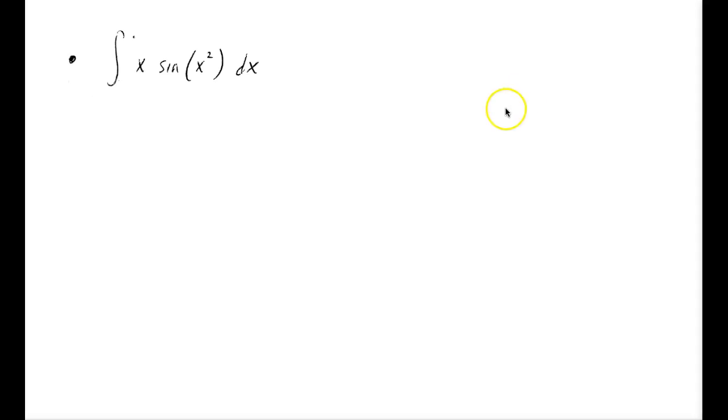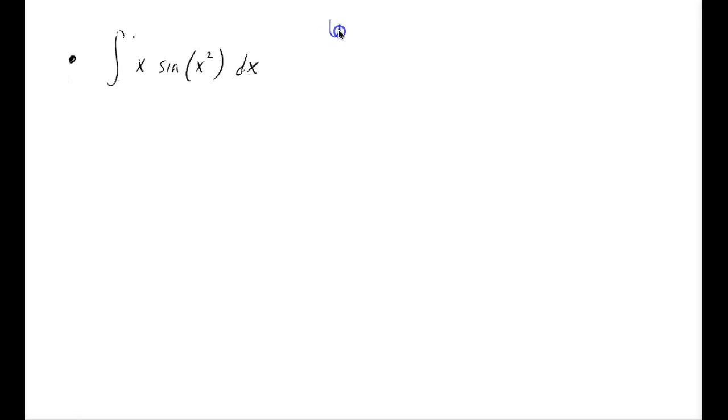So for our next example here, we see that we're trying to look for something so that if we take the derivative of it, we will find the rest of what we can replace in the integrand so that we can make taking the derivative easy here. So in this case, let's look at letting our variable that we're going to use for substitution, which we're going to call u this time, let's let that be x squared.